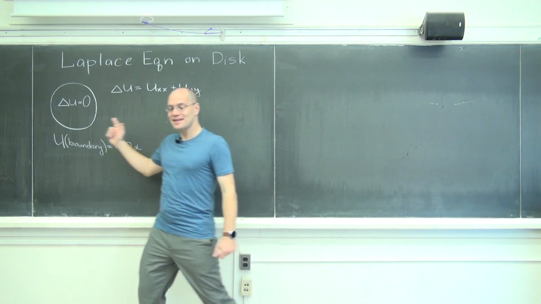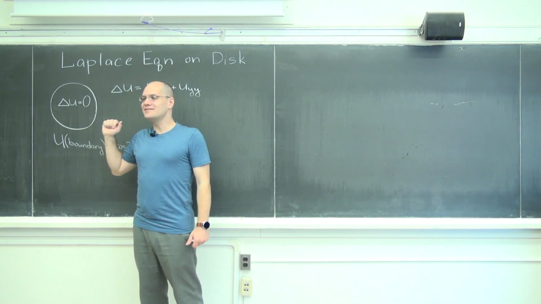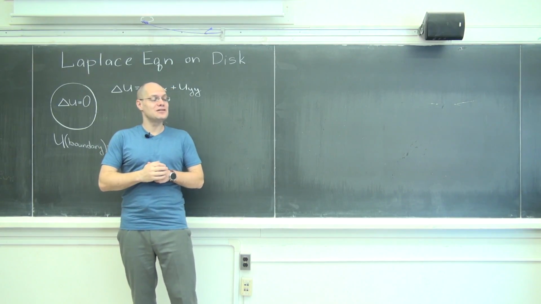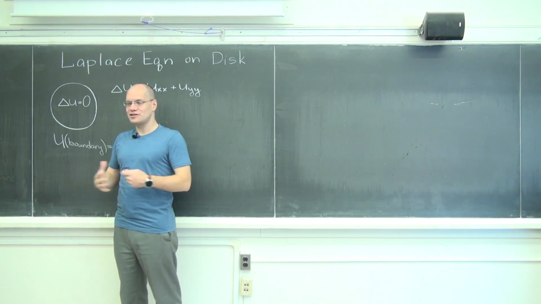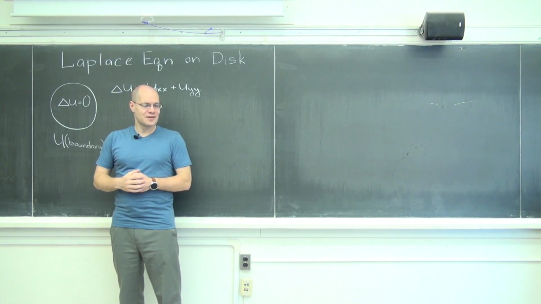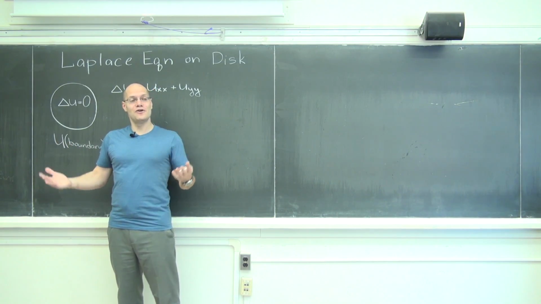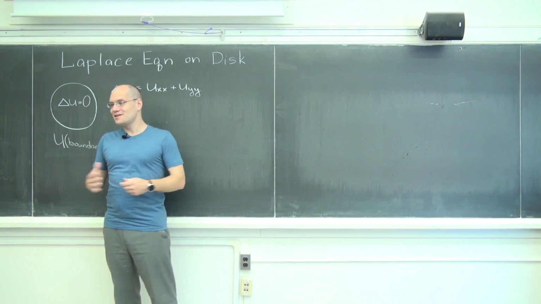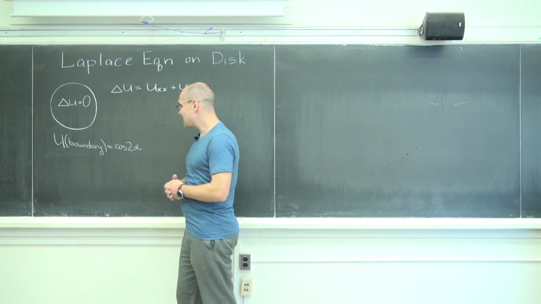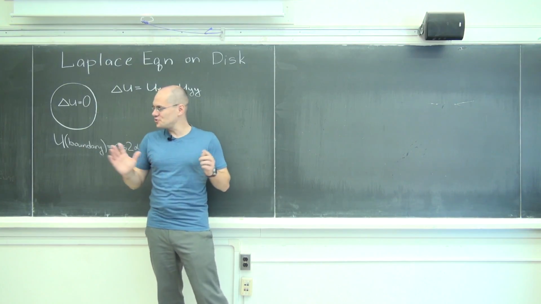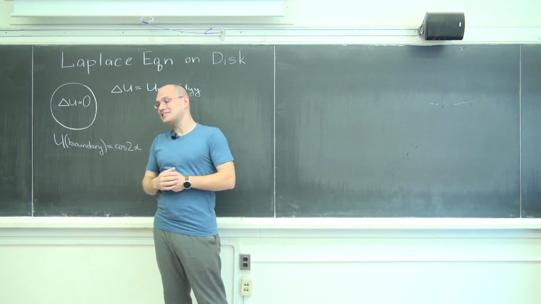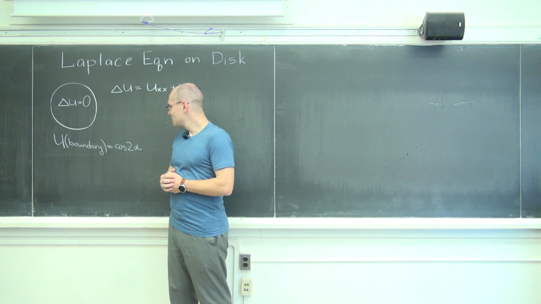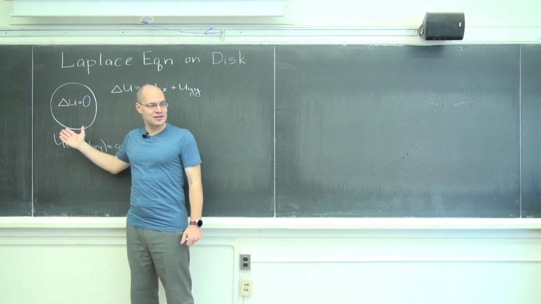Especially now, Cartesian coordinates make absolutely no sense, because our geometry does not align itself with Cartesian coordinates. If we have any hope of solving this equation in a reasonable amount of time, actually I know a way to do it in Cartesian coordinates, so it's possible, but to do it in the most convenient fashion, we will switch to polar coordinates.